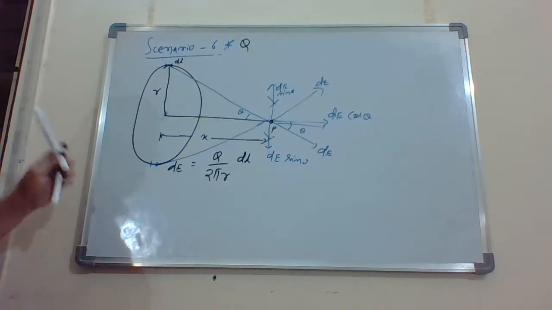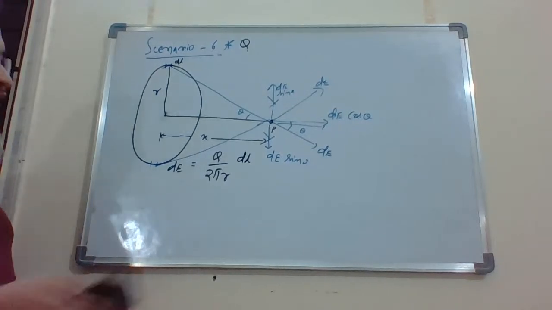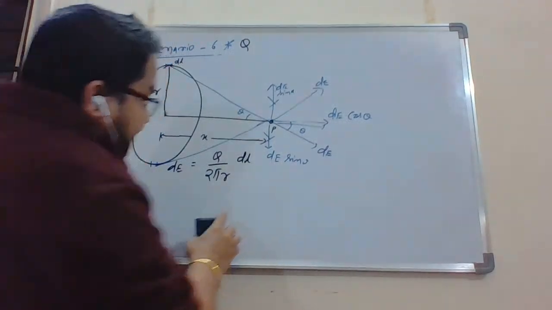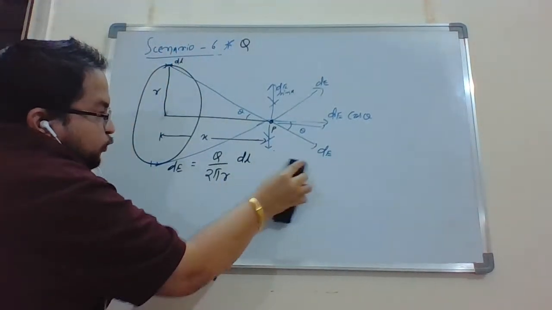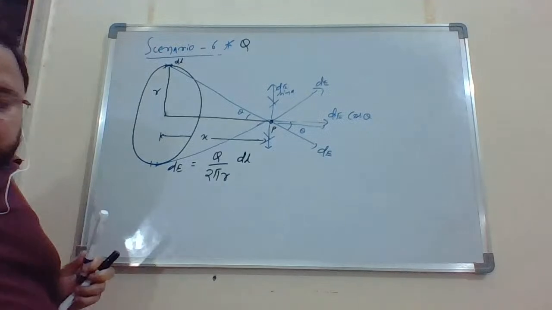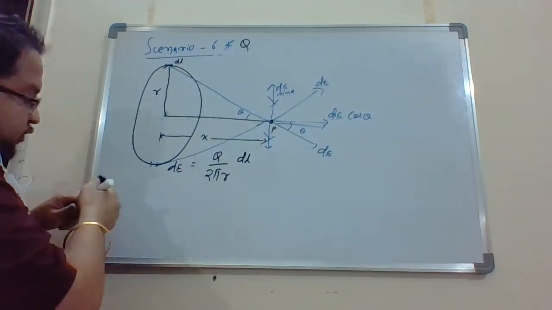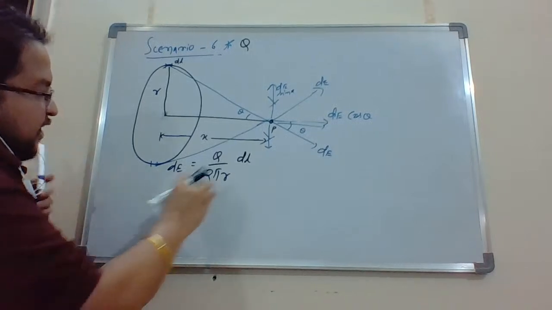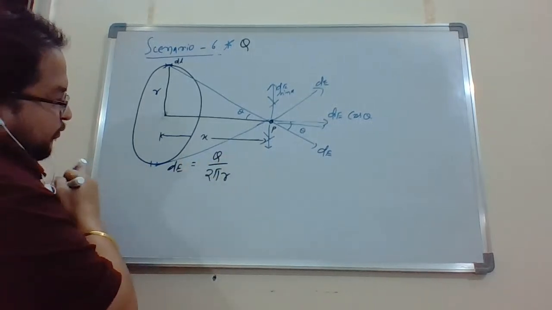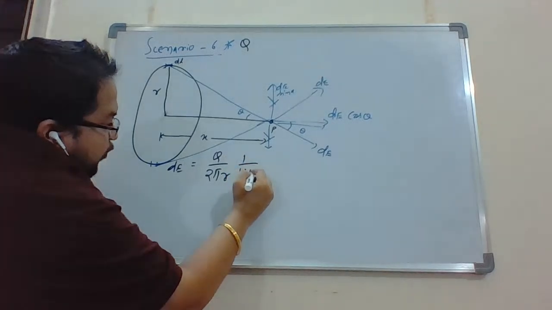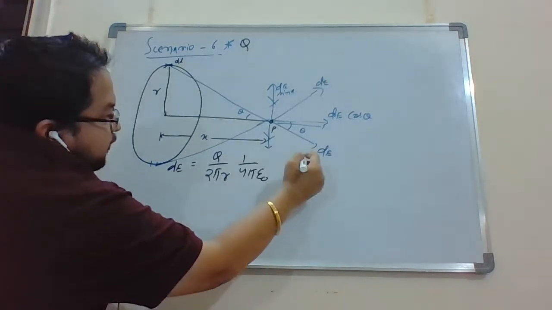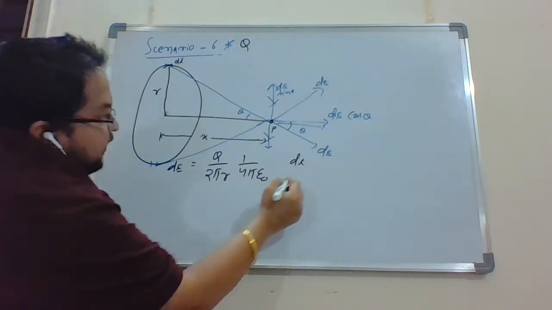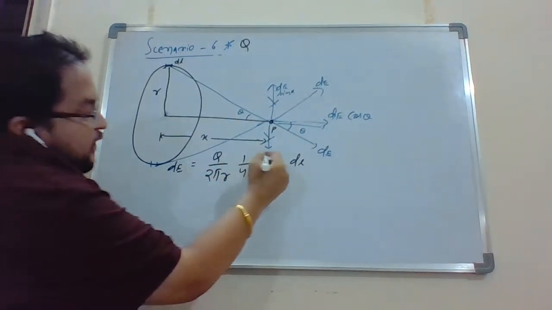Now the problem becomes very simple, and all I need to do is substitute those values here. So this is charge, and then obviously I need 1 by 4 pi epsilon naught, dq, and I need to find cos theta.